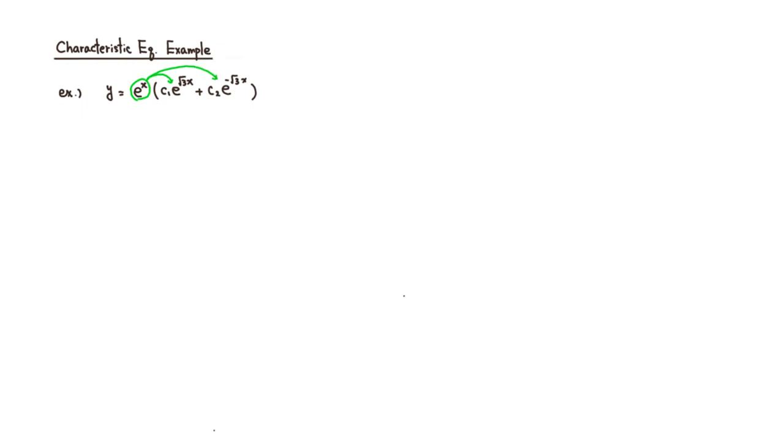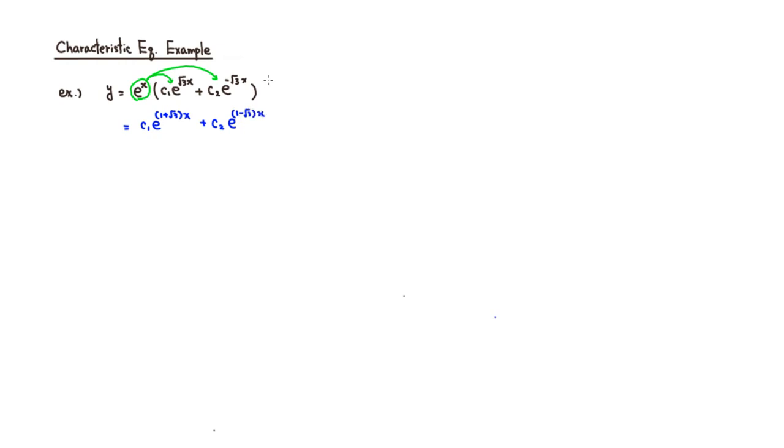So this is equal to c1 times e to the, if you combine that, you have 1x and also square root of 3x, so I'll write it as the quantity 1 plus square root of 3 times x. There's a c2, same deal, so you have e to the 1 this time minus square root of 3 times x.